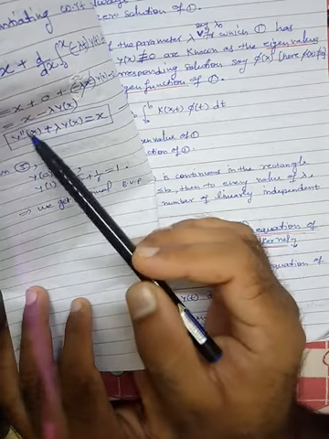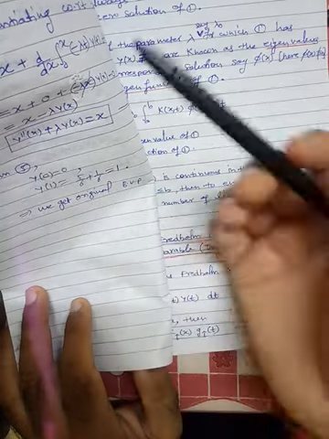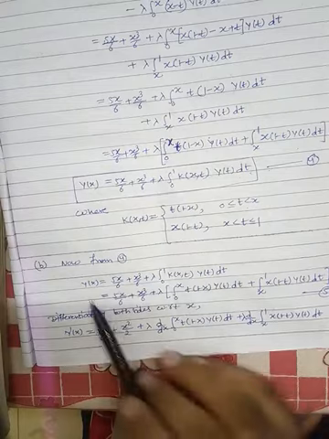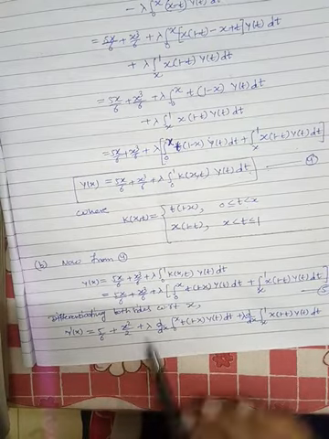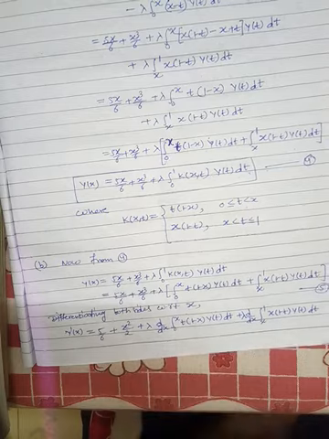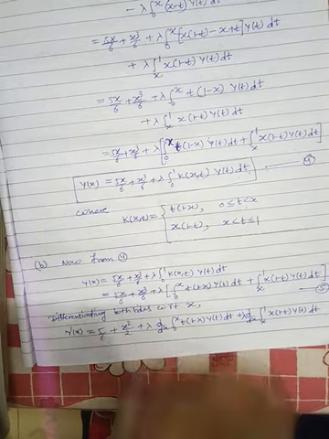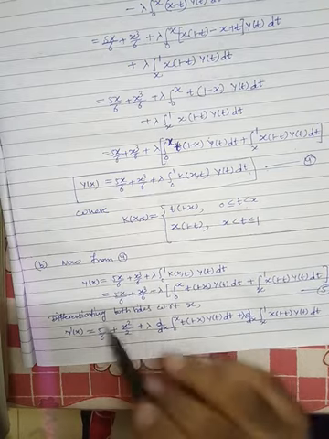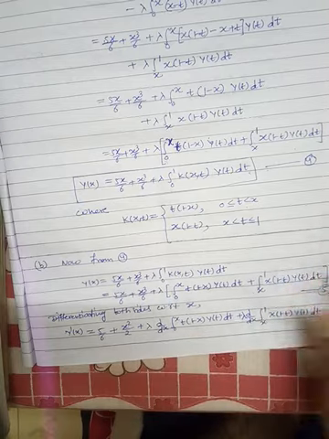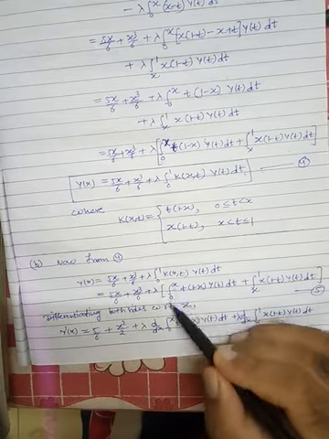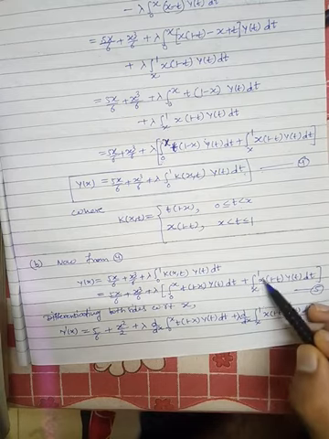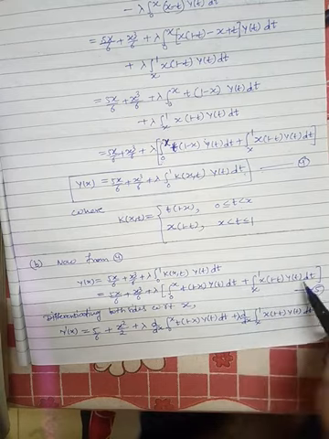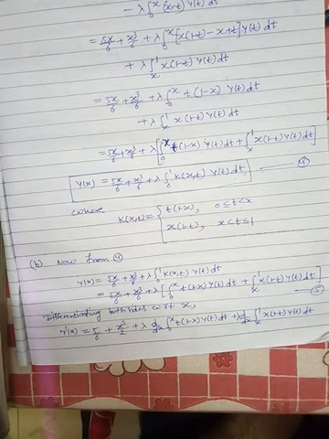For example, here is the second order derivative, so we can use the first order derivative or the term without derivative, like y(x). If we use this equation and put x equal to 0, this term will be 0, and in the other term x becomes 0, so this term is also 0. So ultimately y at 0 is 0.